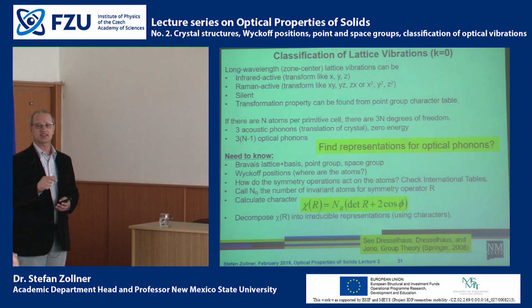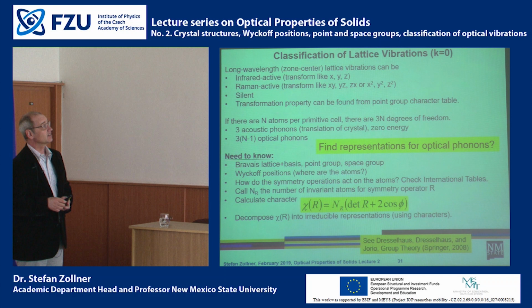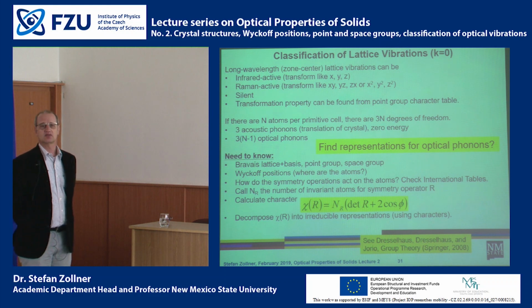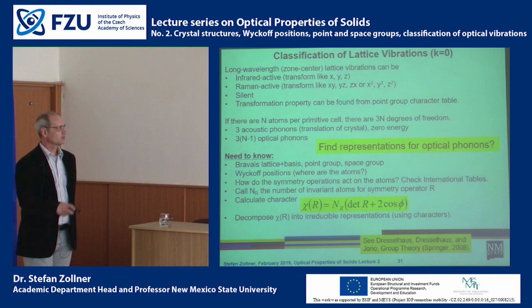The other 7 atoms are not sitting on the plane, and therefore they will move. So this N_R is equal to 3, so that's the number of atoms which are invariant for a specific mirror reflection or rotation or inversion, etc.